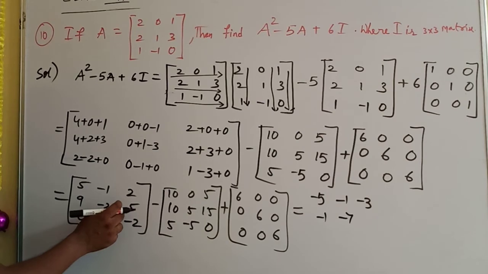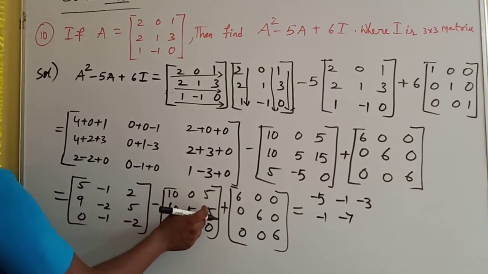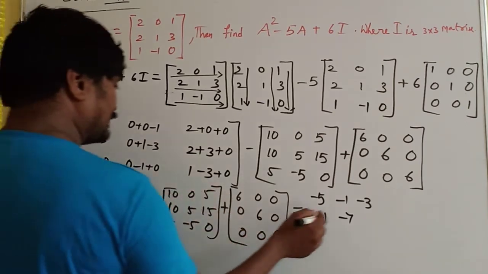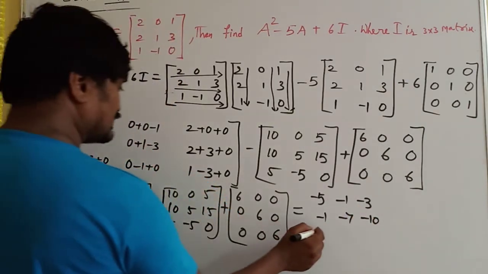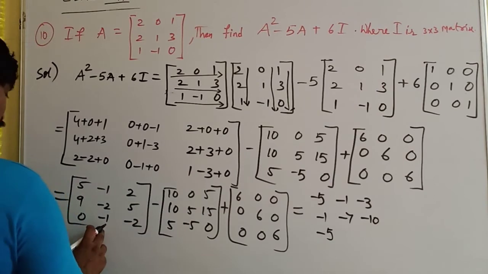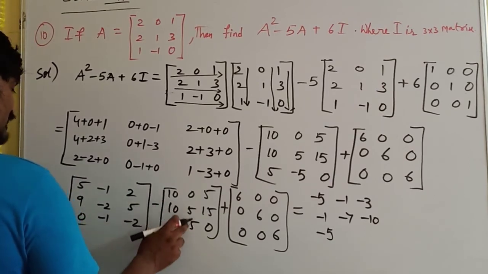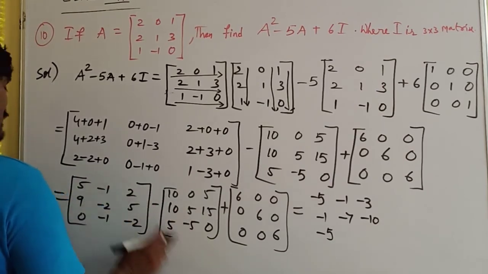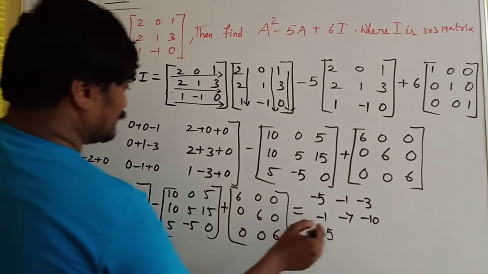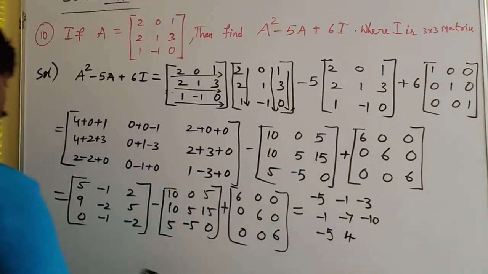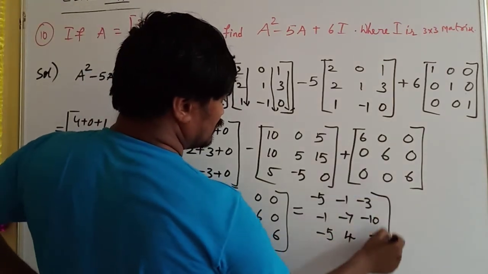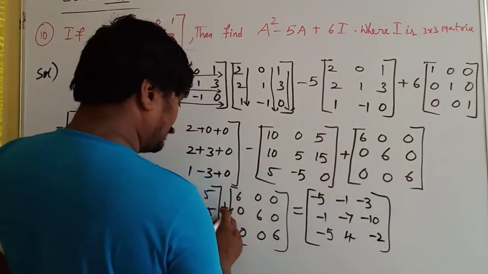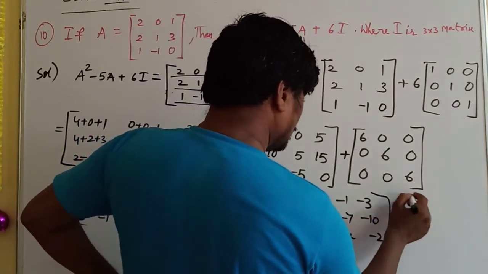Next 5 minus 15 is nothing but minus 10. Next 0 minus 5 is nothing but minus 5. Minus 1 minus into minus is plus 5. 5 minus 1 is nothing but 4. Now minus 2 minus 0 is nothing but minus 2.